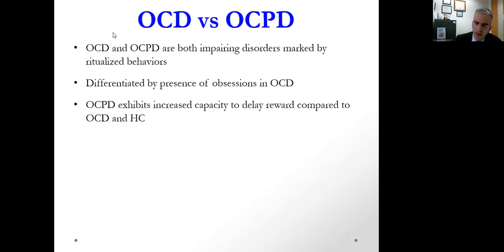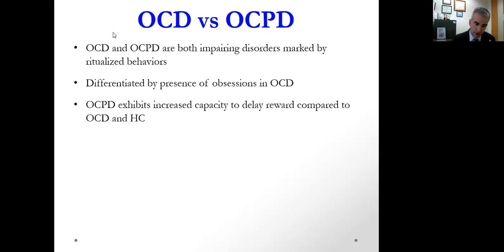So I had done some research several years ago, comparing samples that had OCD versus samples that had OCPD. And what I found in that study is that both conditions were considered impairing, both in terms of quality of life and psychosocial functioning.